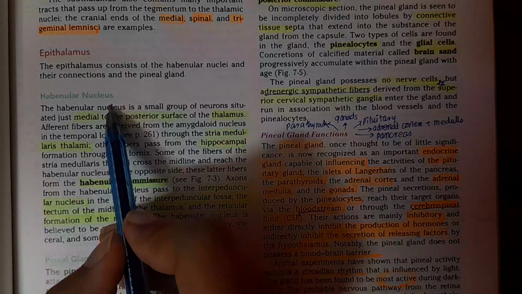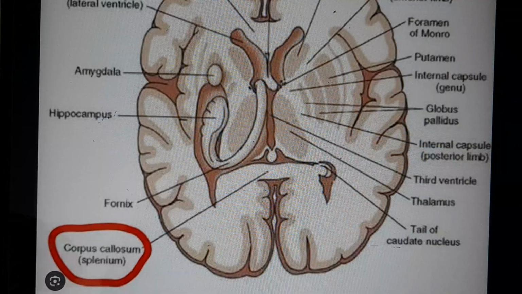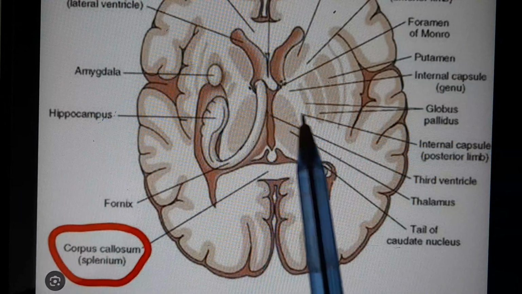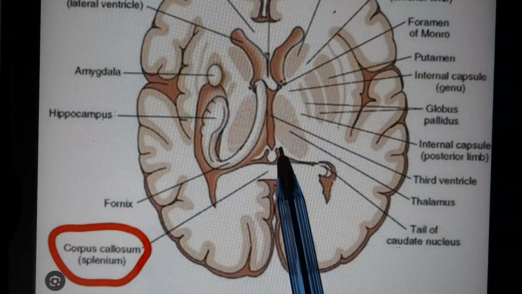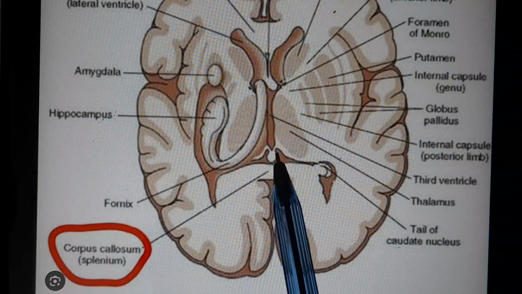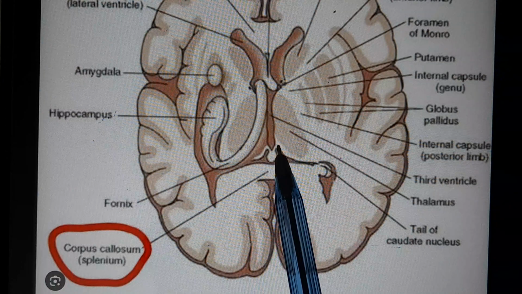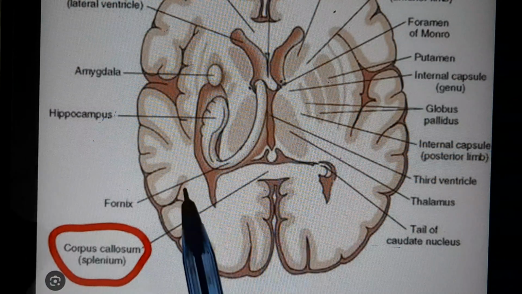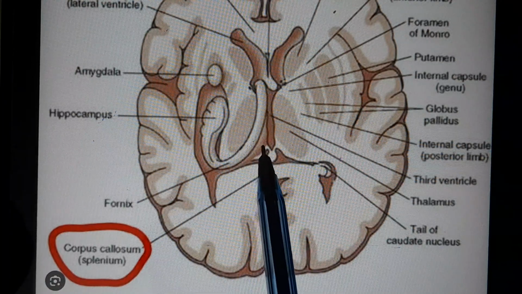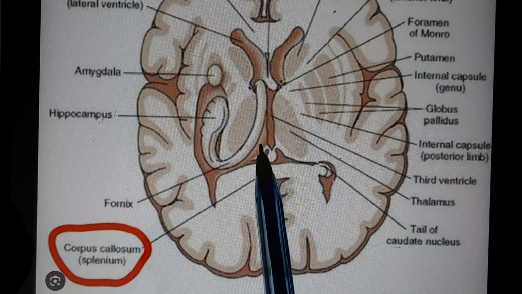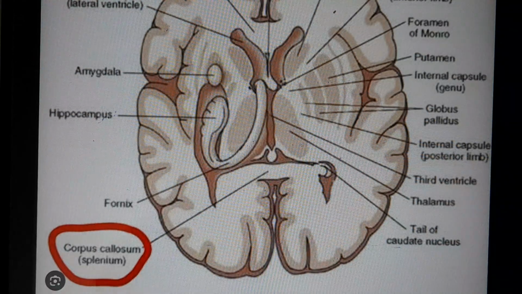Now if this is your thalami, just posterior-medial to the thalamus you have the pineal gland, and similarly here and here there will be the two habenular nuclei. So the habenular nuclei are posterior and medial to the thalamus.